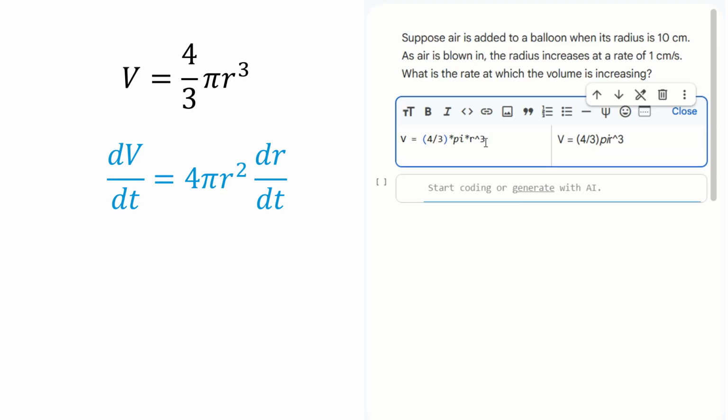Then if we want to know how these rates are related, we can differentiate this equation with respect to time. Volume is a function of time, radius is a function of time. So taking the derivative of this whole equation with respect to time will tell us how volume and radius are interrelated. So on the left-hand side, we'll get dV/dt.